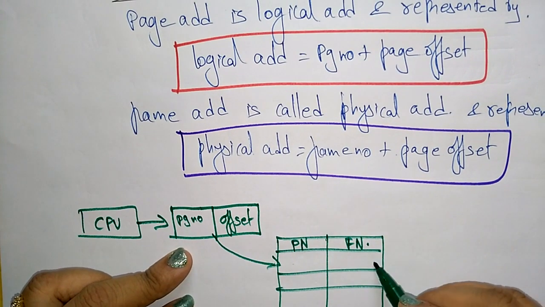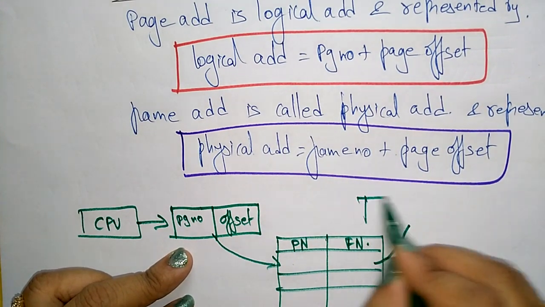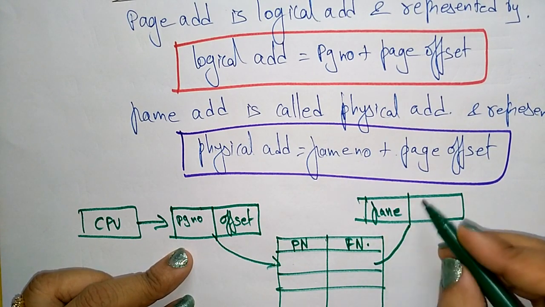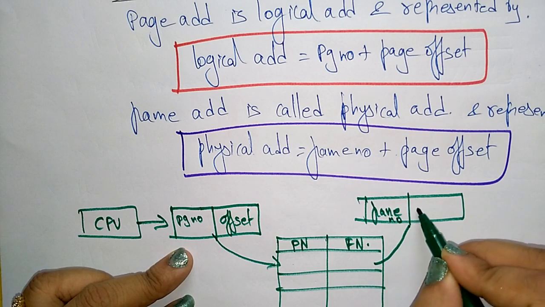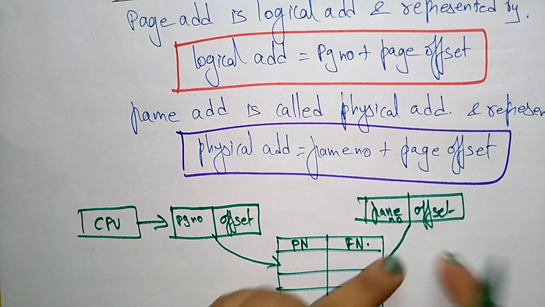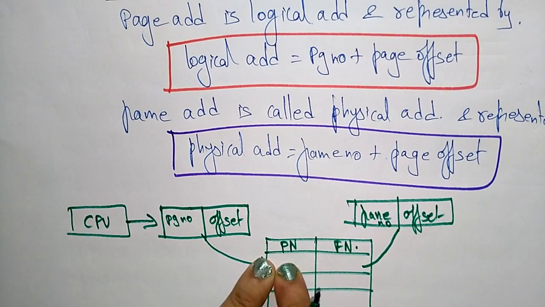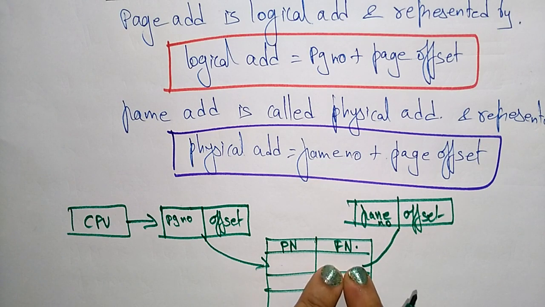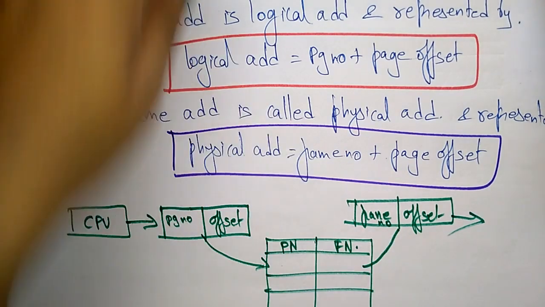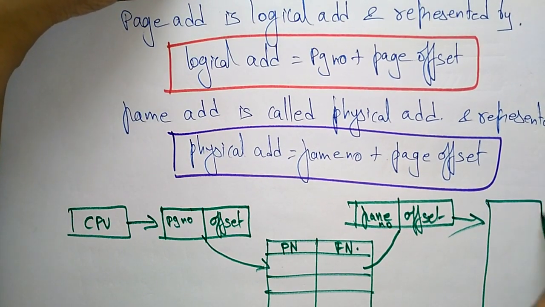With the help of this, it comes to the physical address, the frame number, so the logical address is converted into a physical address. There is a relation: for the page number, the related frame will be found and moved here, and with the help of this we access the main memory.